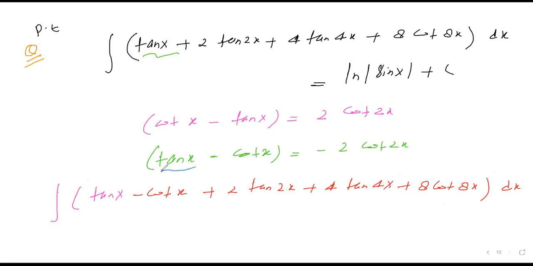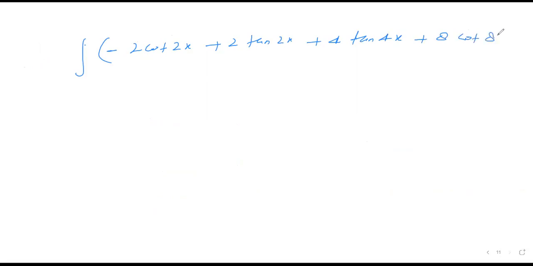Now you can see tan x minus cot x is basically minus 2 cot 2x. So you replace tan x minus cot x by minus 2 cot 2x. So it becomes minus 2 cot 2x plus 2 tan 2x plus 4 tan 4x plus 8 cot 8x.